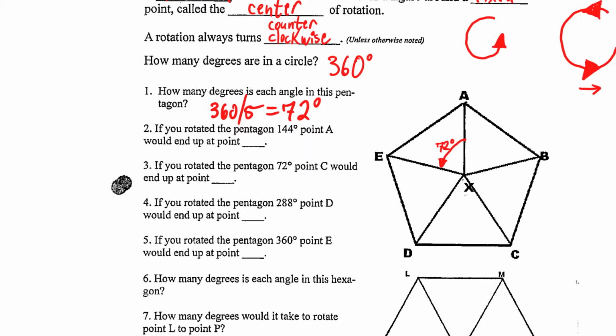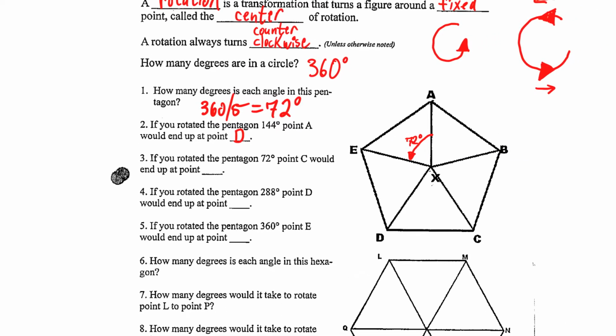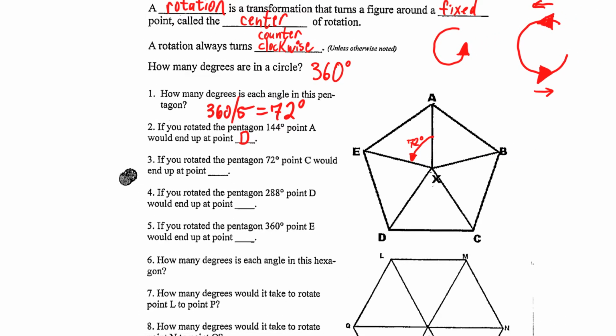Okay, so number 2 says, we start at point A. And remember, we always go counterclockwise. So if I start at point A and I rotate 144 degrees, that'd be 72, and 72 plus 72 is 144. If I rotated 144, where would that put point A? It'd put it where point D is. If I was starting at point C and I rotated it 72 degrees, where would that put it?